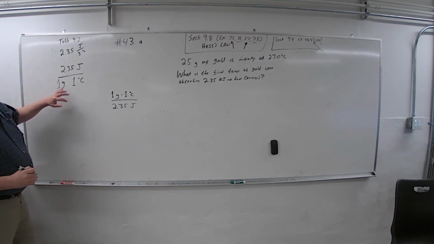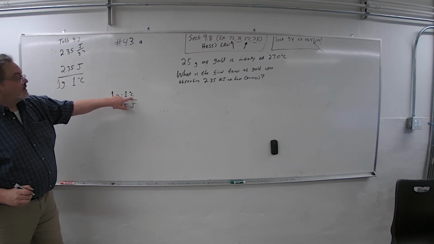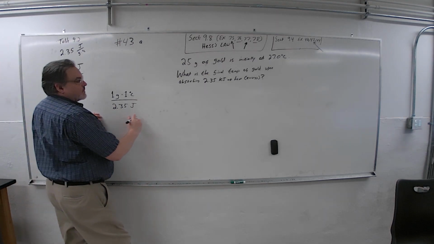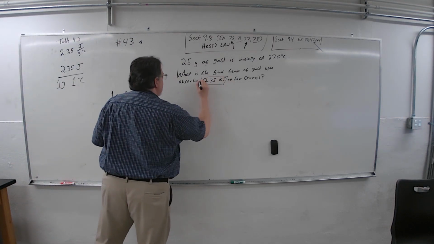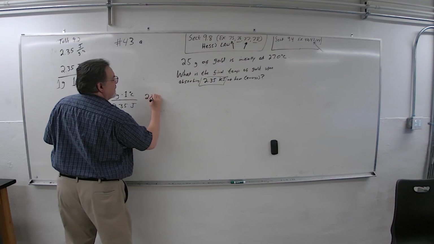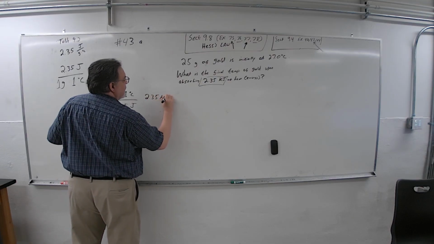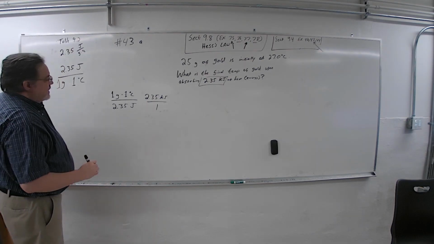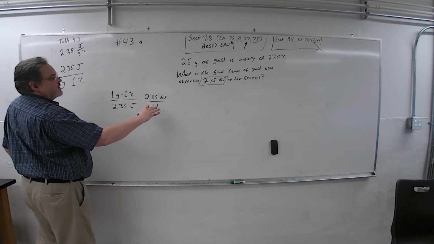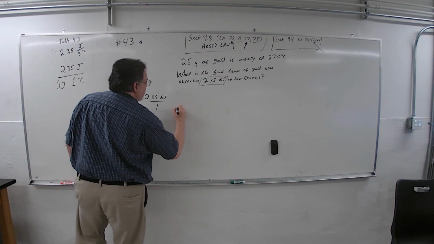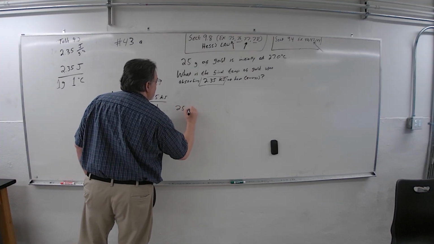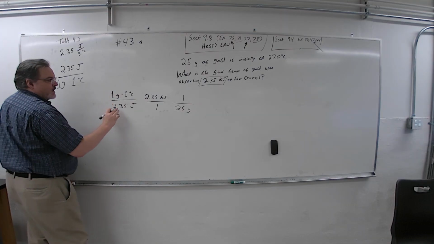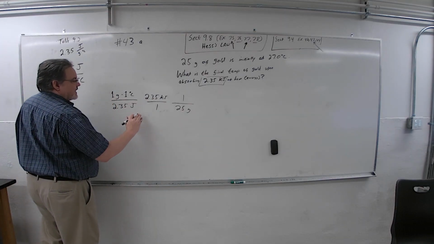So I'm starting with this flipped over because I need to end on a degree C. I've got joules on the bottom, so I'm going to take these joules and put them on the top. That takes care of the joules. The grams is 25. I put it on the bottom because these grams are on top. So now grams cancels and joules cancels.